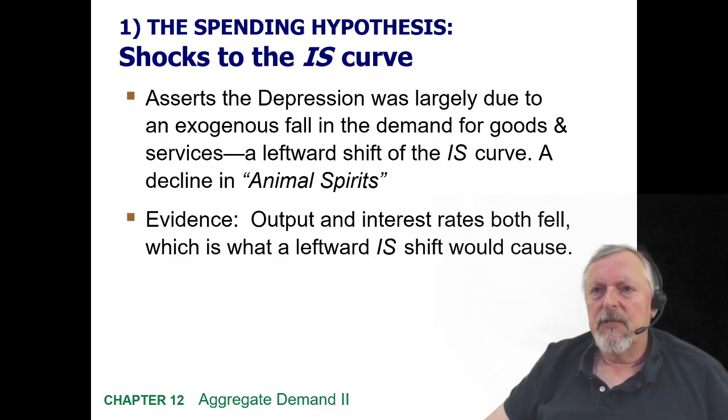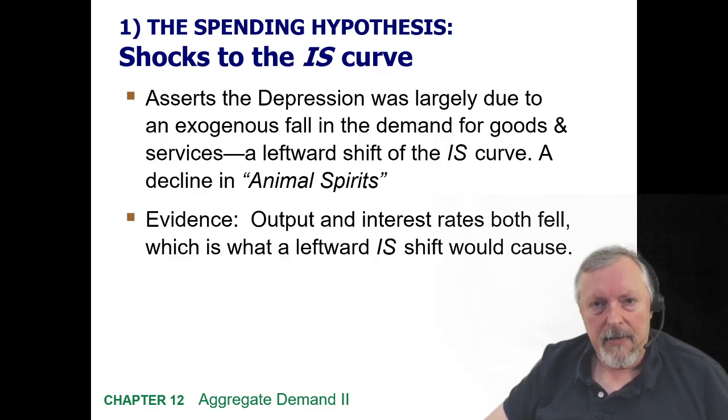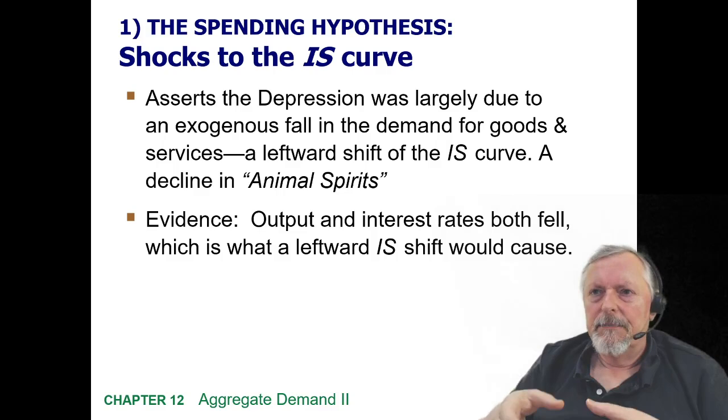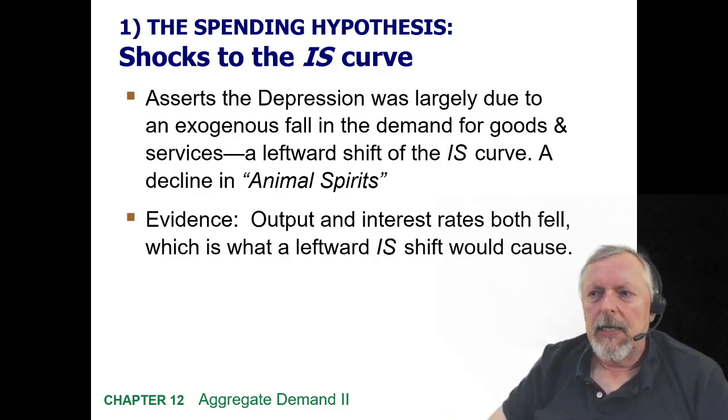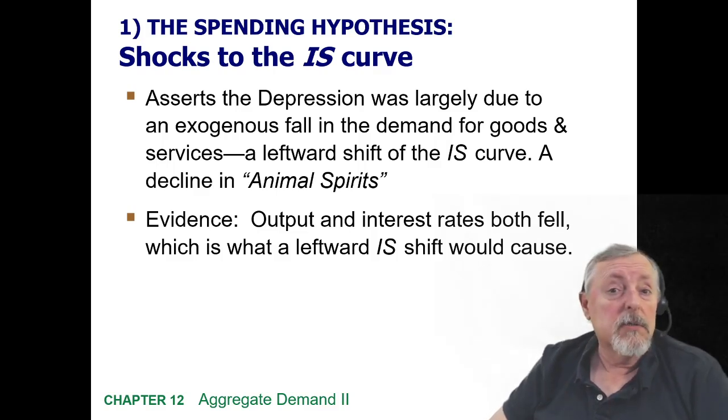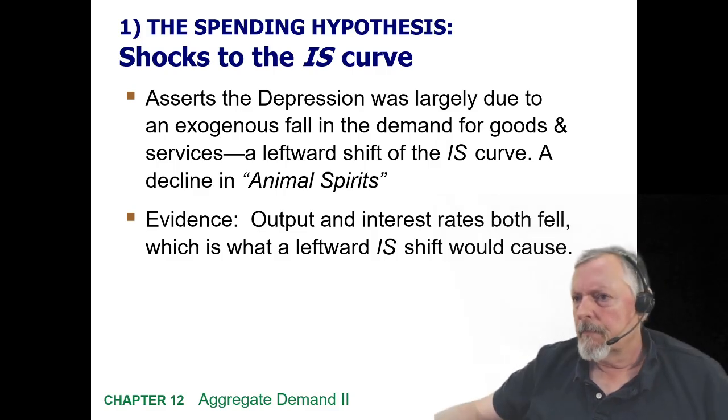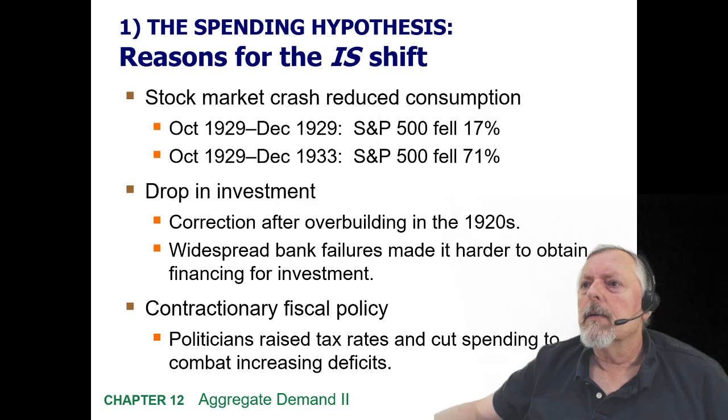It essentially means an irrational panic or herd instinct that really doesn't have a practical real-world cause. Now, there were large reductions in consumption and investment spending between 1929 and 1933.